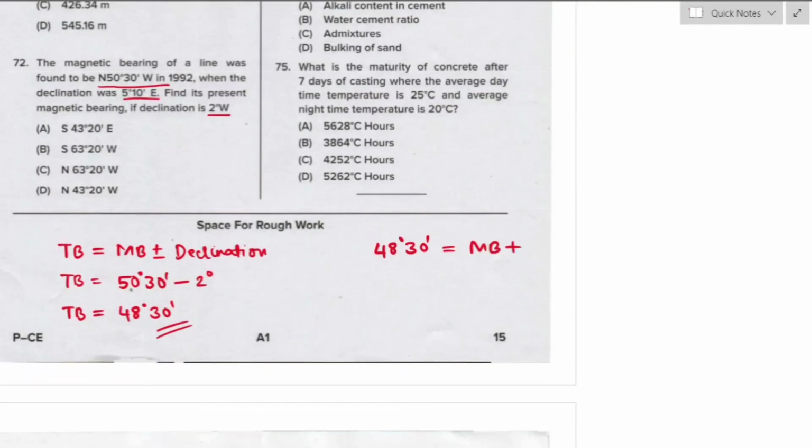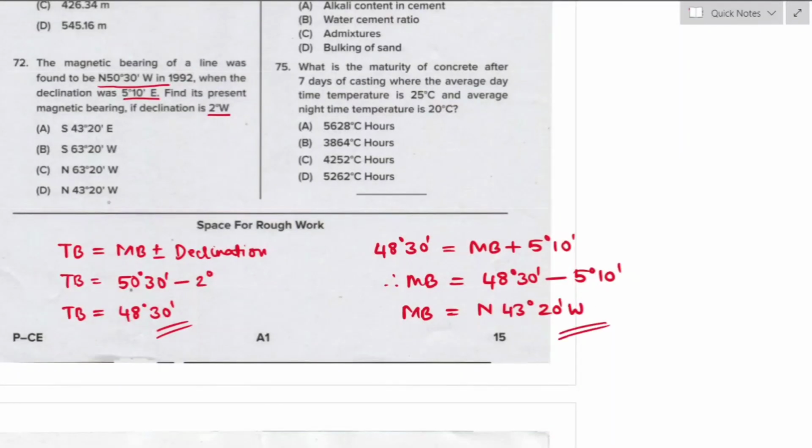Since it is an eastern side declination of 5 degree 10 minutes east, we shall take it as positive. Therefore, present magnetic bearing will be 48 degree 30 minutes minus 5 degree 10 minutes, which is equal to north 43 degree 20 minutes west. So the right answer is option D.